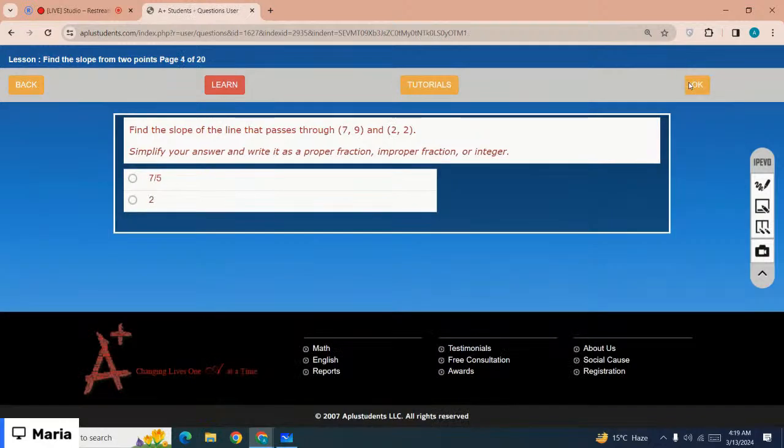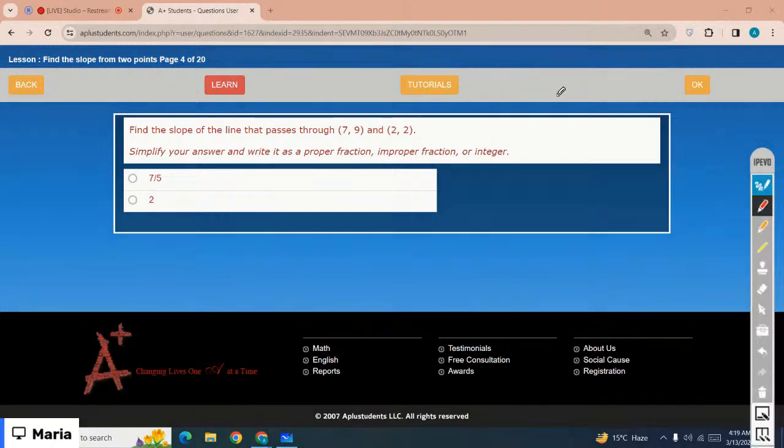Okay, the next one is find the slope of the line that passes through 7, 9 and 2, 2. So you are given the points 7, 9 and 2, 2. Okay, the points are 7, 9 and 2, 2, right? 7, 9, that is x1 and y1, and 2, 2, that is x2 and y2.